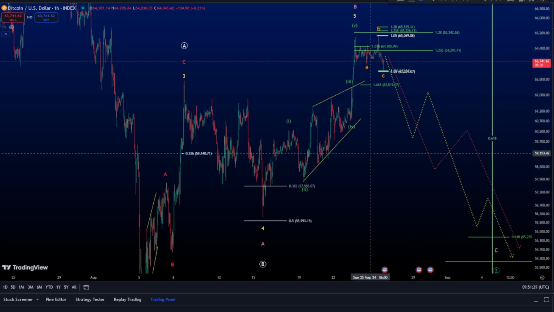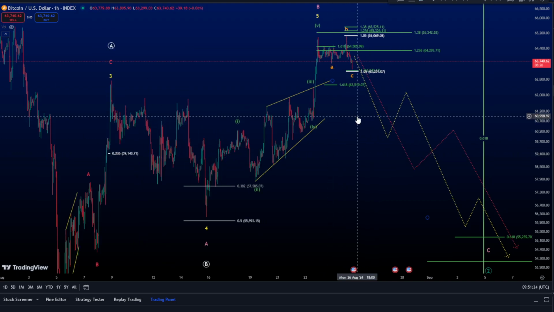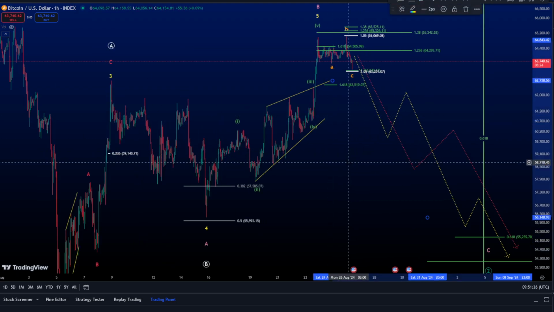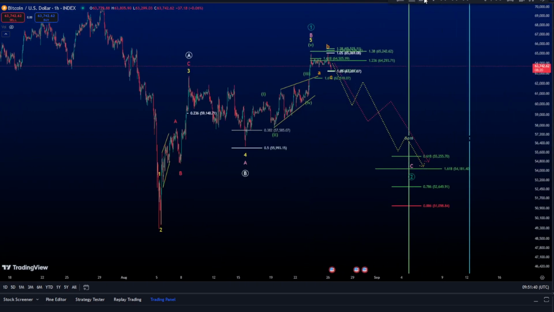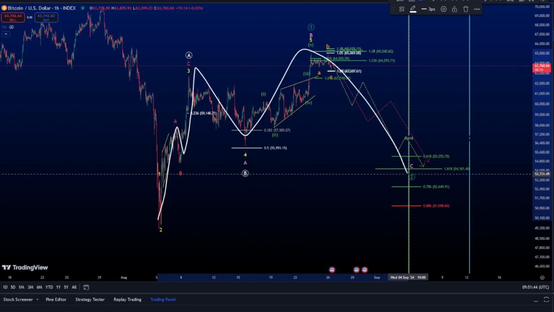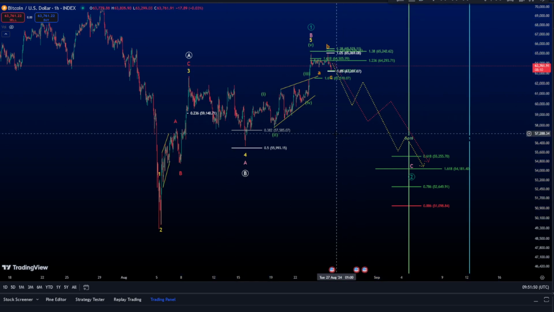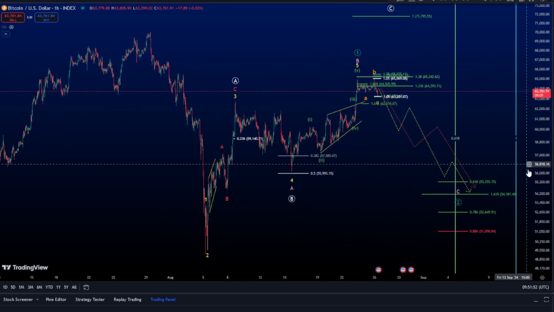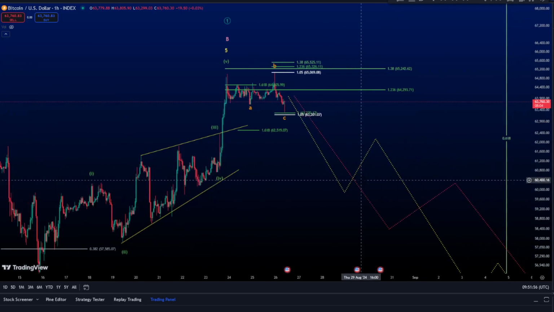So that is still a possibility. However, if that happens, that means we are looking at a corrective structure. We are having 3 waves up and then 3 waves down, and we are looking for 3 waves up still to finish a complex structure made of 3 flats or zigzags, expanding flats, everything corrective.